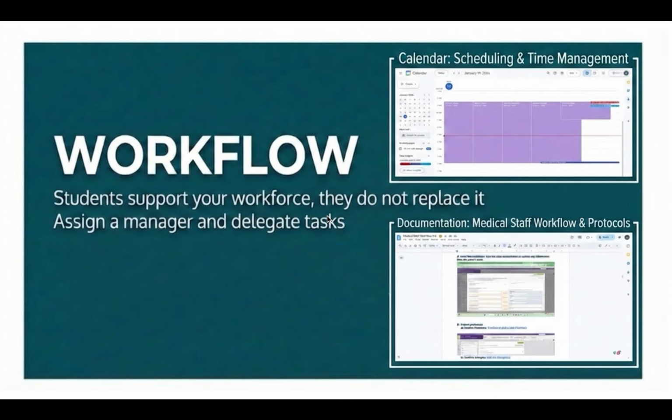Now, the second element you need to consider is your workflow and how the students fit in your workflow. Students are not a replacement for your workforce. You cannot rely on them entirely, and you must always have someone assigned to either monitor them or manage the whole program, such as rotation confirmations, schedule setup, and general monitoring and management.